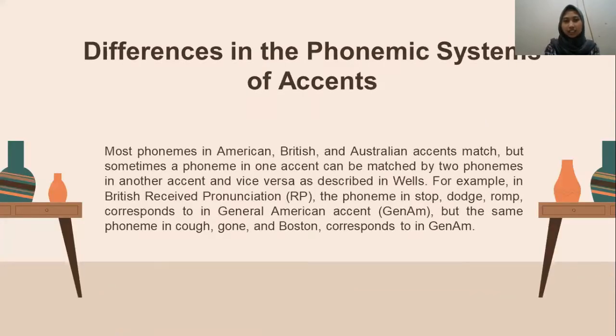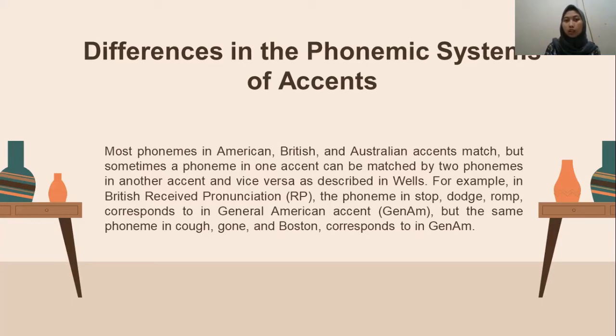Okay, the next one is we will explain the differences in the phonemic system of accents. Most phonemes in American, British, and Australian accents match, but sometimes a phoneme in one accent can be matched by two phonemes in another accent, and vice versa, as described in J.C. Wells' journal article.